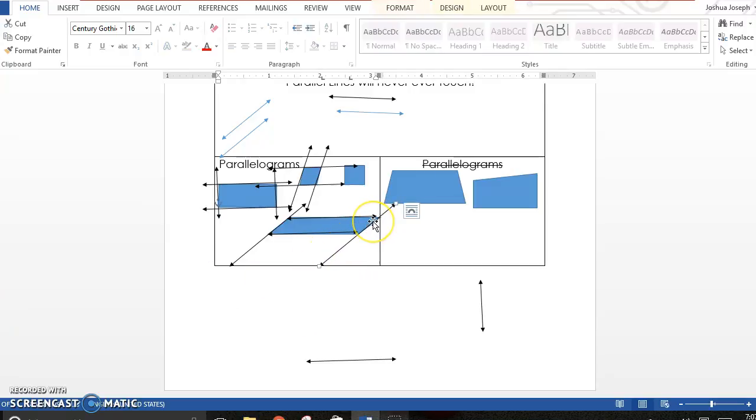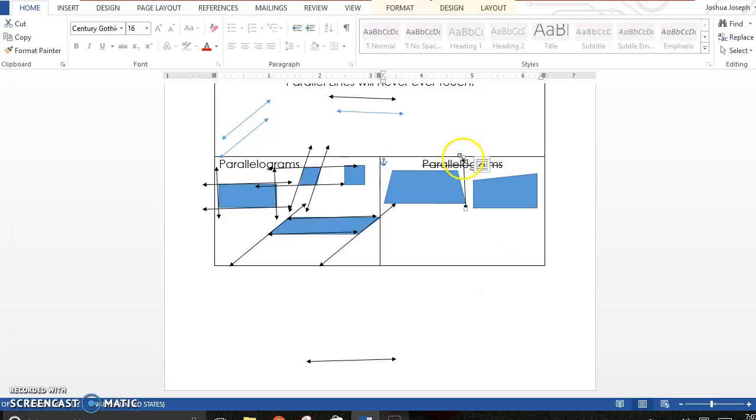And that's why these shapes are considered parallelograms, because their opposite sides will never, ever, ever touch. However, the trapezoid and other quadrilaterals are sometimes not considered parallelograms because their sides will eventually touch.